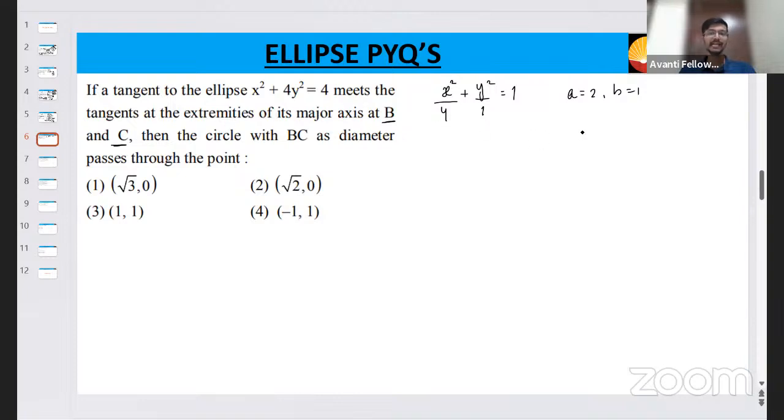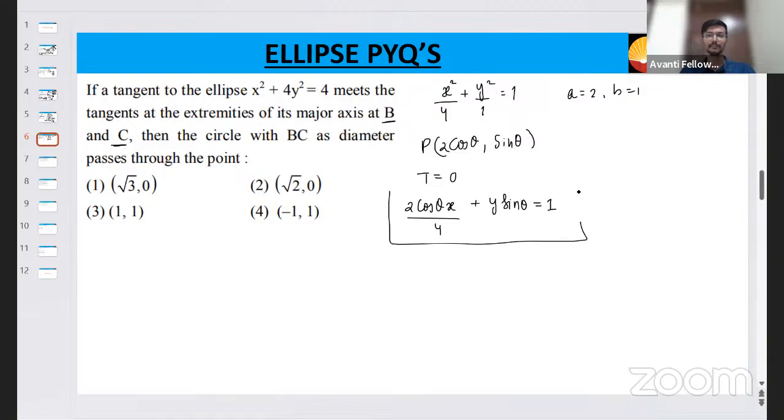So let us say the tangent is drawn at point P. We'll assume the point P in parametric form: a cos theta, b sin theta, which is 2 cos theta, 1 sin theta. So how do we get the equation of the tangent, guys? T equals 0. So we'll get (2 cos theta) x upon 4 plus y sin theta is equal to 1. This is the equation of the tangent.